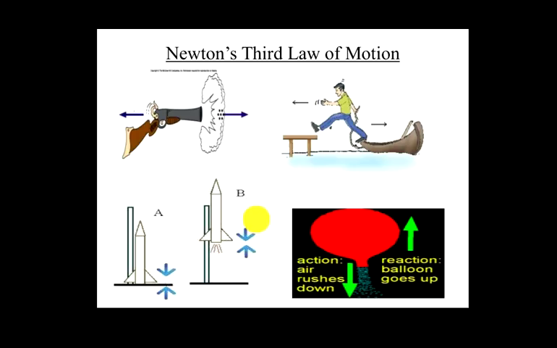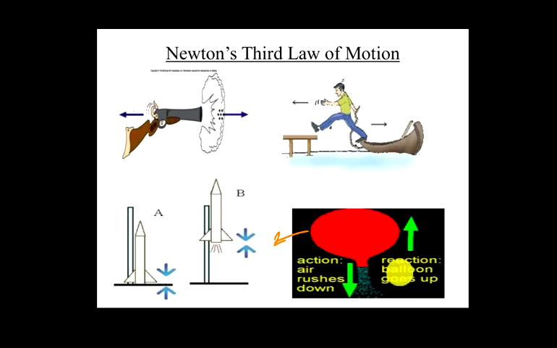Those particles apply an equal and opposite force back on the rocket ship. Even something as simple as taking a balloon, blowing it up with air, and letting it go, it flies across the room. It's the same thing. This is really what's going on with a rocket. The air is being forced out of the balloon, so the balloon is being forced up by the air.